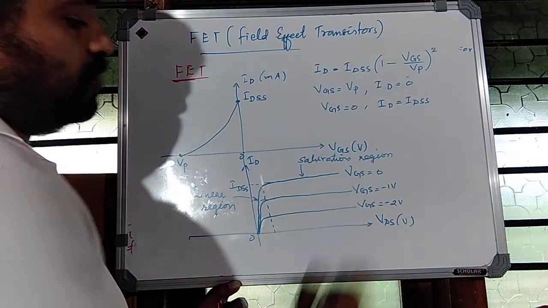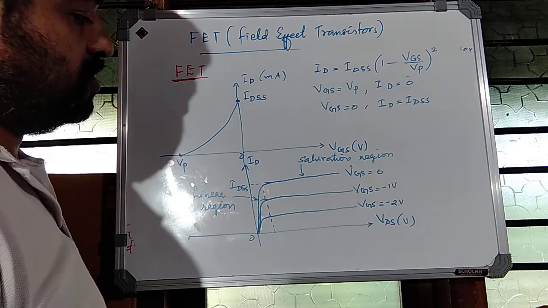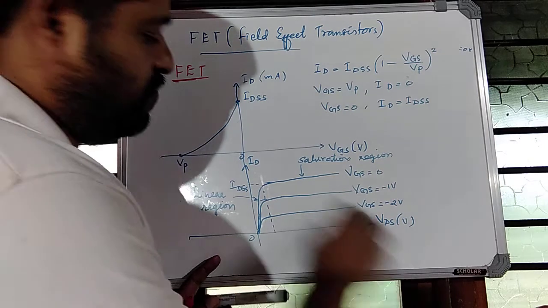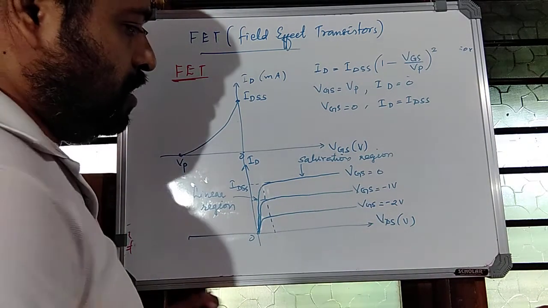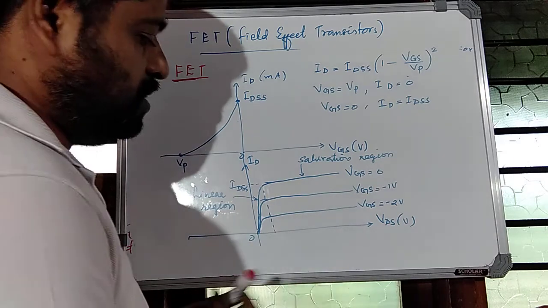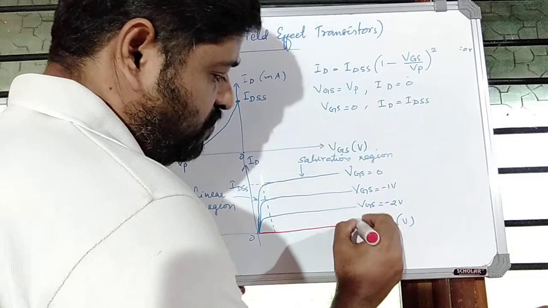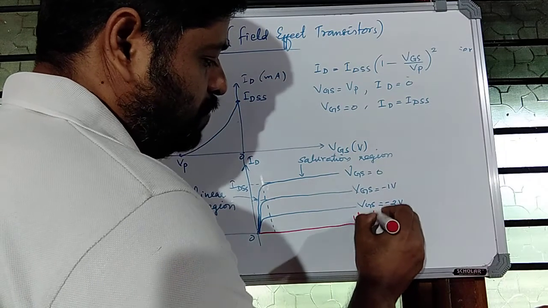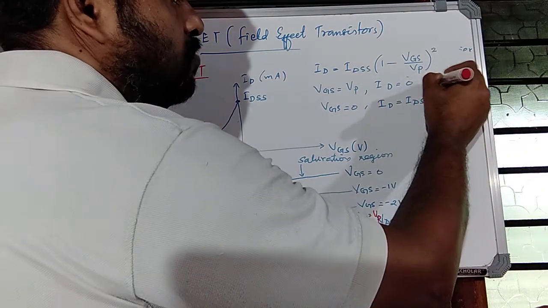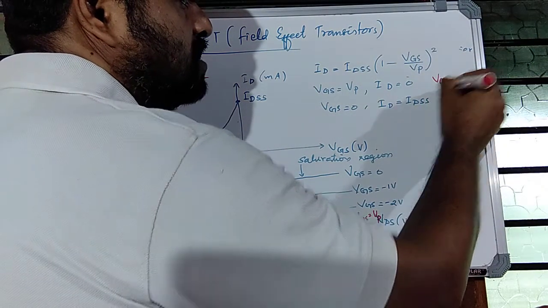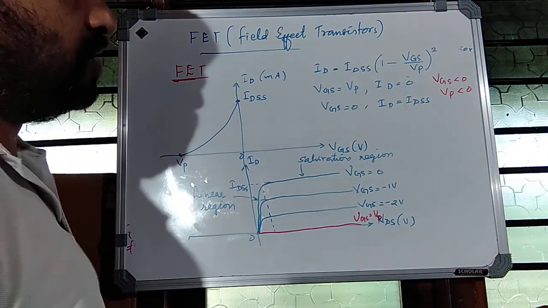This is how the variation in ID with respect to VDS comes. When VGS reaches the value VP, it becomes 0. Note that both VGS and VP are less than 0. Both these quantities are negative values.